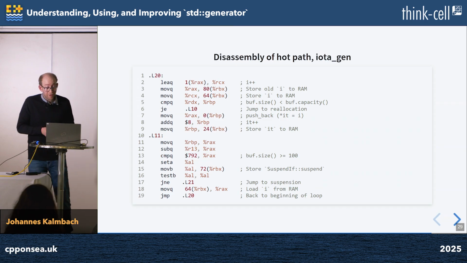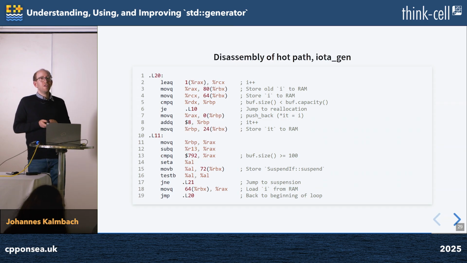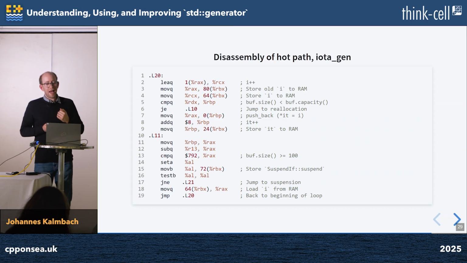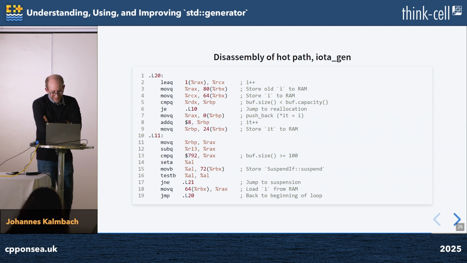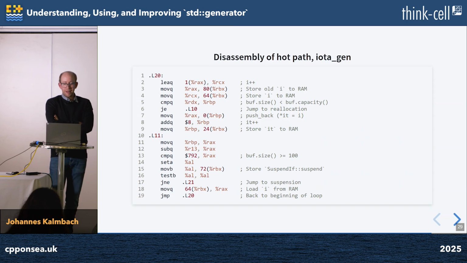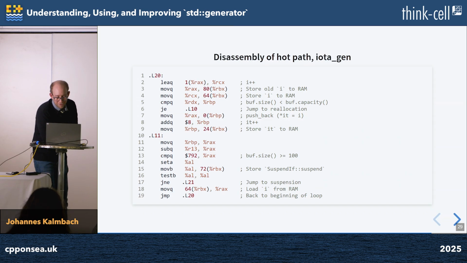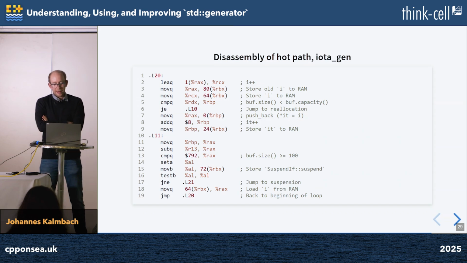Then I looked even more into detail. If it's slow, I want to find out why it is slow. What does the compiler not understand? If you look at this, I would suggest you look at the comments on the right side.